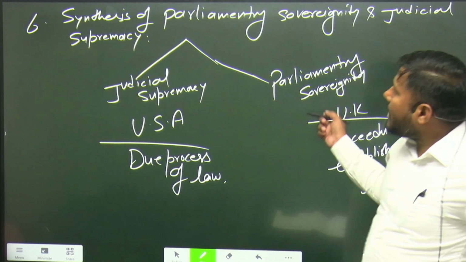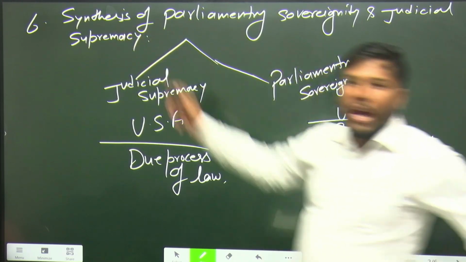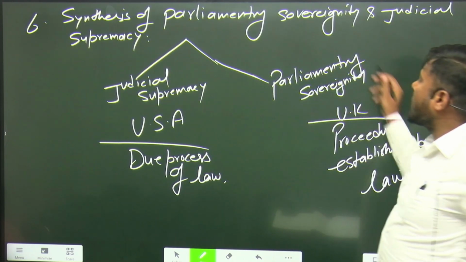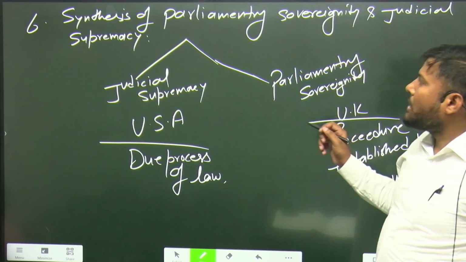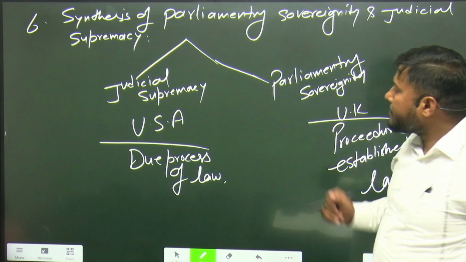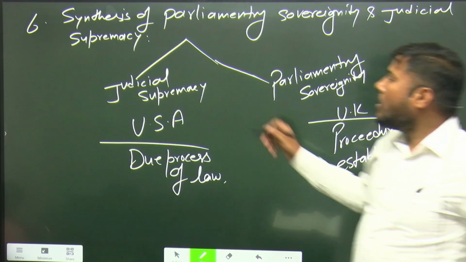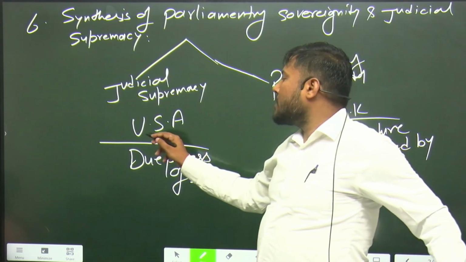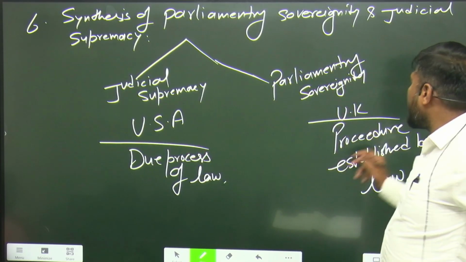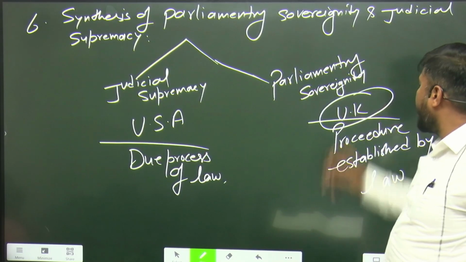We are a synthesis of both. We have taken a few elements from the judicial supremacy and a few elements from the parliamentary sovereignty. We have not literally followed any one concept, right? As I have told you, the judicial supremacy concept is adopted by the USA, and the parliamentary sovereignty is in the UK or Britain, right?